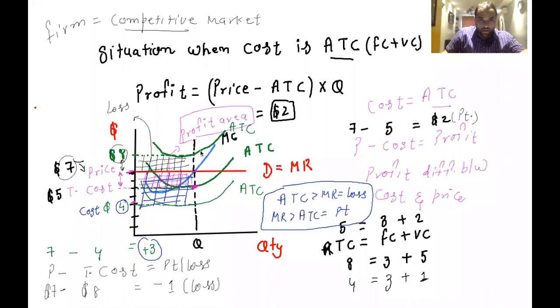So above the curve and below the curve. All right, so this is a profit because your cost is just 4 or 5, but price is 7. So profit, obviously. And then the cost becomes 8 and price is 7. So $1 loss. So that's loss and profit, all right?